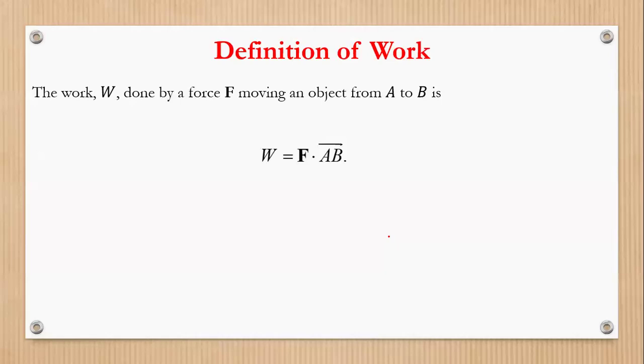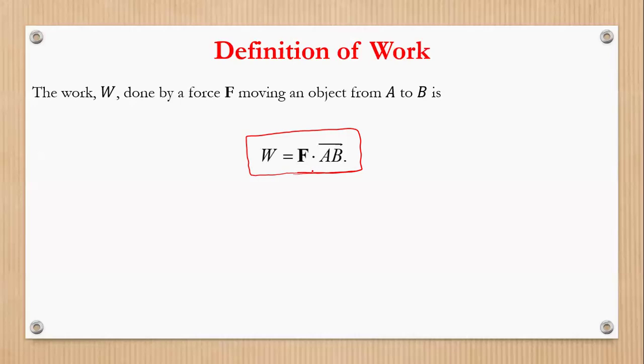And that tells me that the work, or W, should be equal to F times AB. The vector F, which is the force, dot product with vector AB, which is moving an object from A to B. So we're going to use this formula to solve some applications that need work and the force that is done to complete the work.